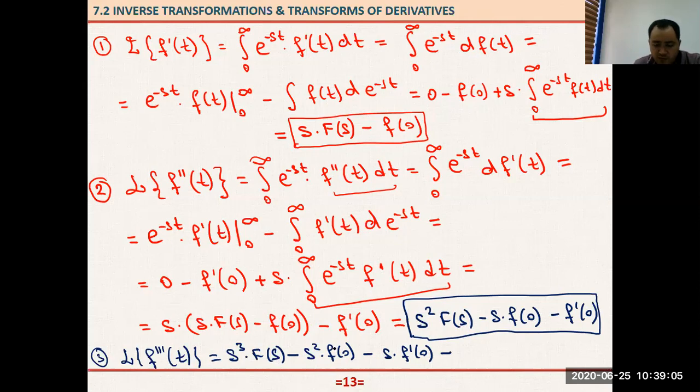The order of the derivative goes 0, 1, 2.